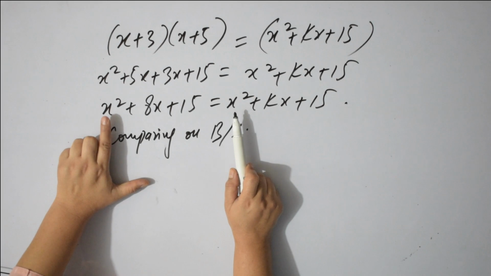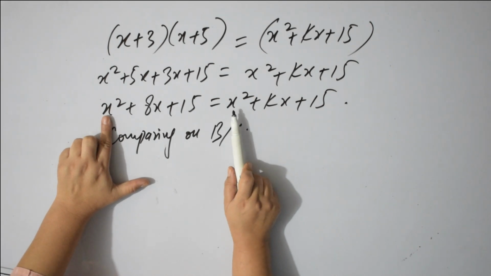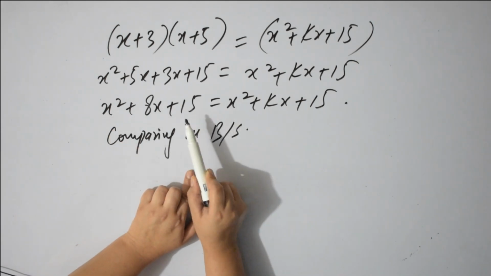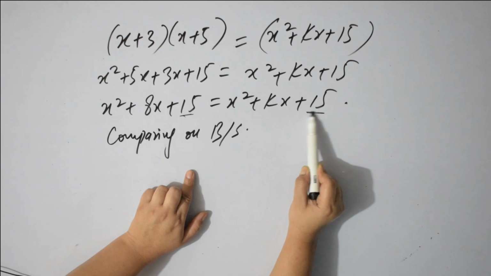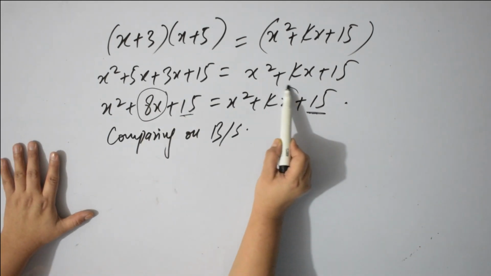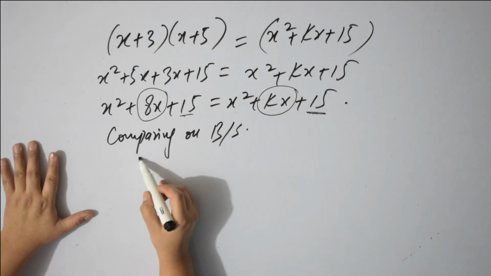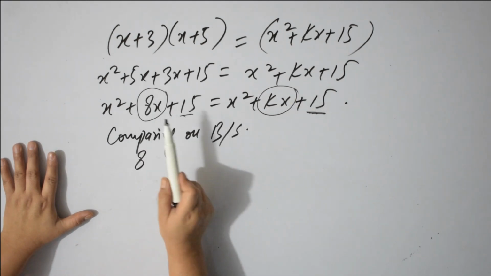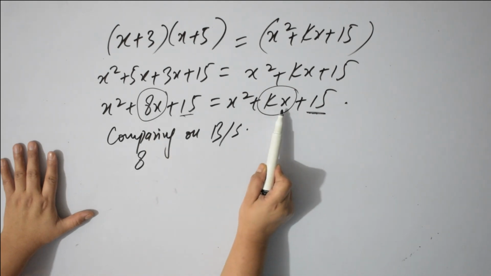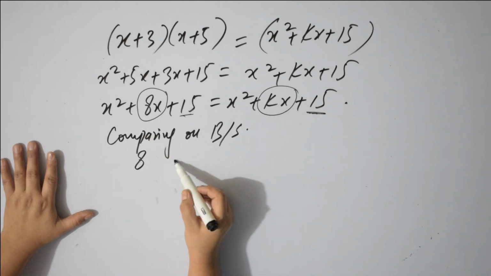Look, on my left hand side my first term is x square, and on my right hand side my first term is x square. Again, on my left hand side it is 15 and it is also 15. Now what is left? Comparing the middle term, what is the coefficient of x here? The coefficient of x is 8, and here the coefficient of x is k.